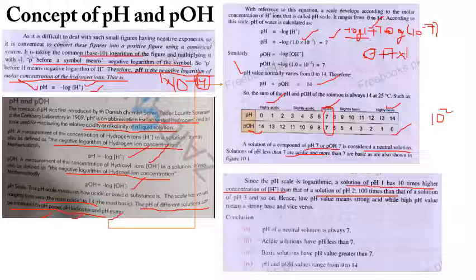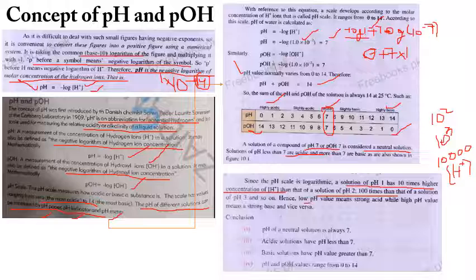Okay, pH 3 means 10 power 3. It means this is the increase in times multiplication. pH 4 means 10 power 4, which means 10,000. What 10,000? 10,000 times the hydrogen ion concentration present in the solution. So this is the pH scale for measuring the quantity of H plus ion in a solution.